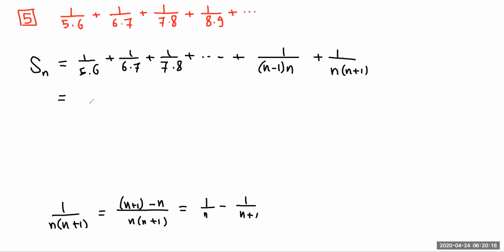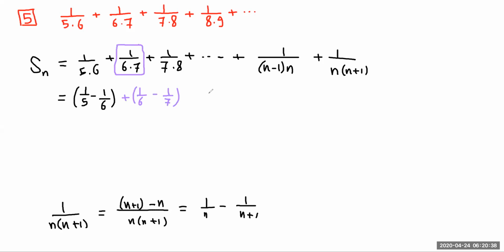So I can write this is 1 over 5 minus 1 over 6. This is the term 1 over 5 times 6. Then also this term 1 over 6 times 7 could be written as 1 over 6 minus 1 over 7.